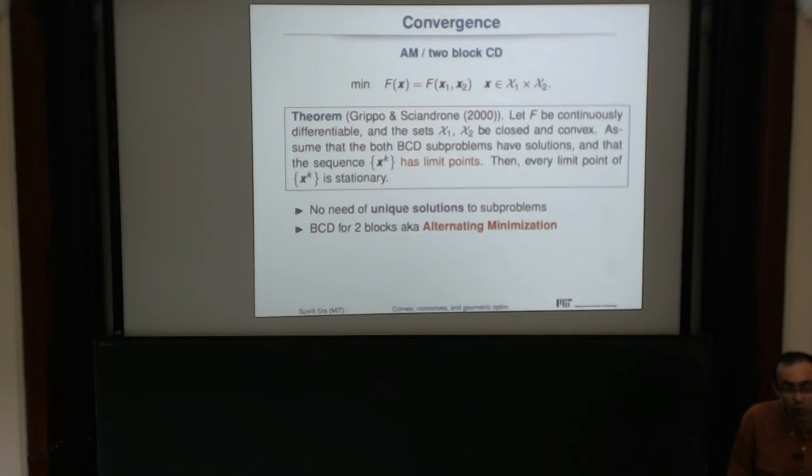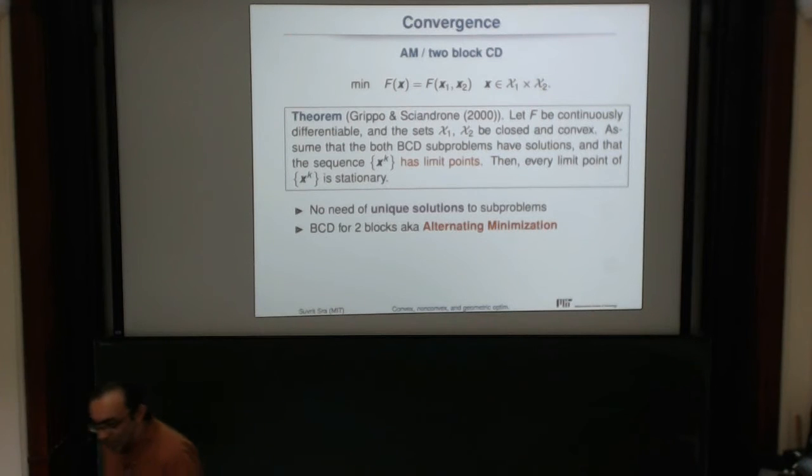So this is called the two-block alternating minimization, or the two-block block coordinate descent. Yeah. So what kind of assumptions are on f? Just continuous differentiability? Yeah. And what happens if it is a bit weaker than that? So if it is convex in both variables but not jointly convex?